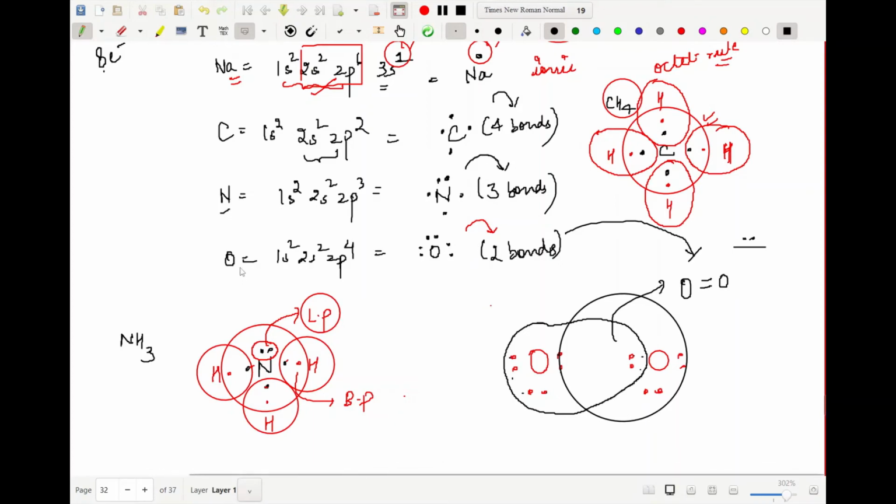Again, oxygen has a total of 6 electrons, so it needs 2 more electrons and needs to form 2 more covalent bonds. So we have seen that whatever number of electrons the atom requires, that is the number of covalent bonds it should form.